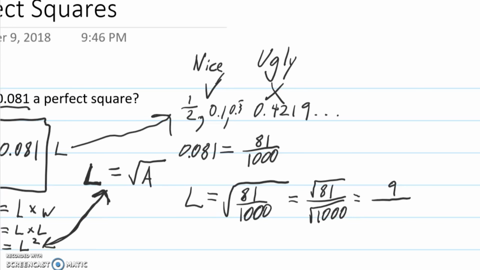Square root of 1,000 is not a perfect number, right? So let's think about this. If it was square root of 100, then we know it's 10. 10 times 10 equals 100.